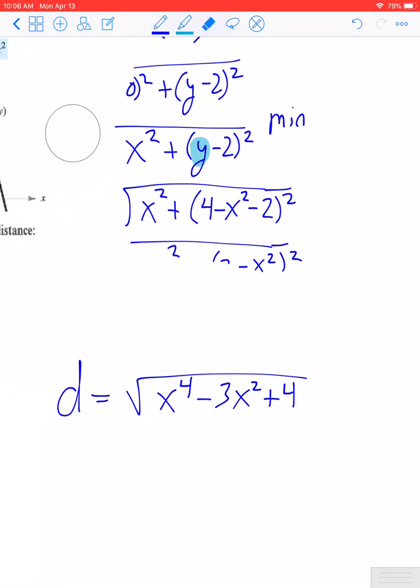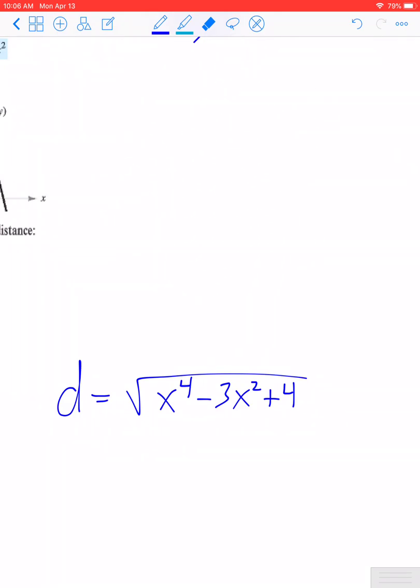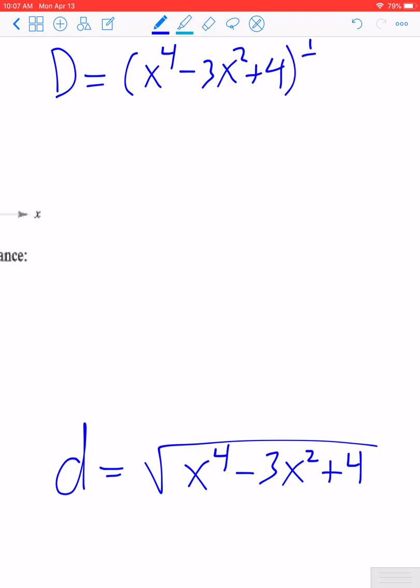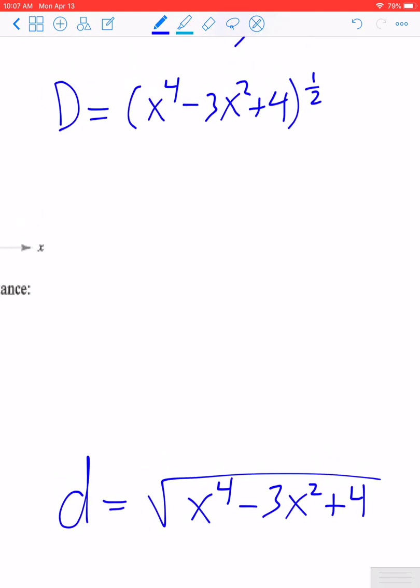So I'm going to come up here, giving us some more room. Let's write out the expression for d. So the distance here is equal to x to the fourth minus 3x squared plus 4, raised to the 1/2 power. We want to take the derivative with respect to x.